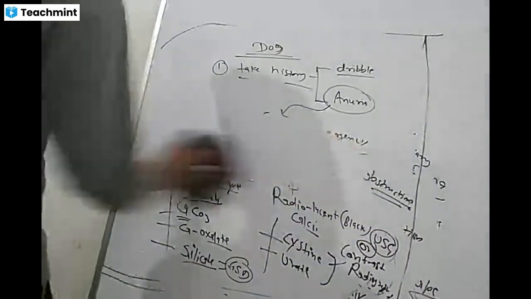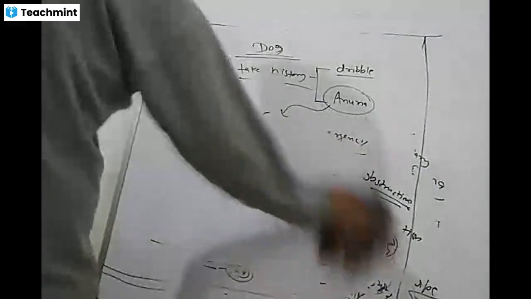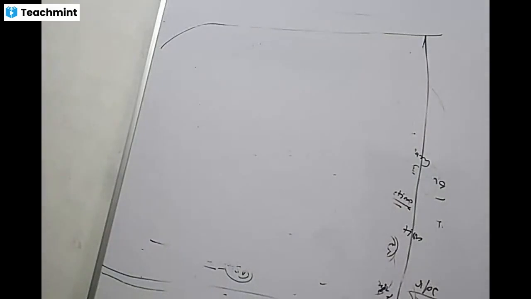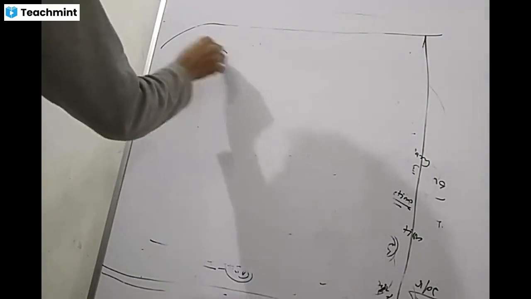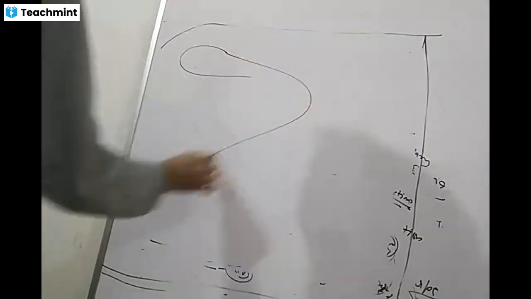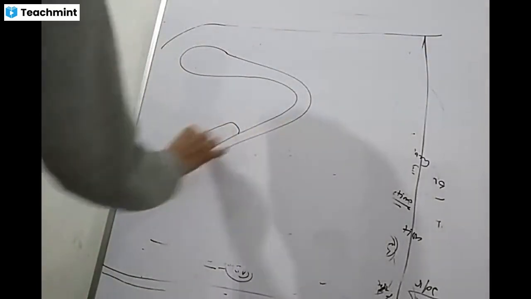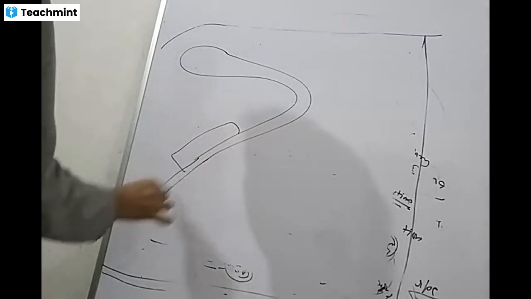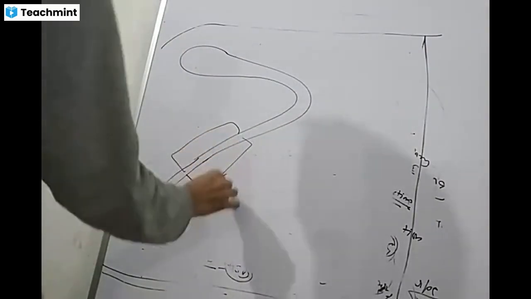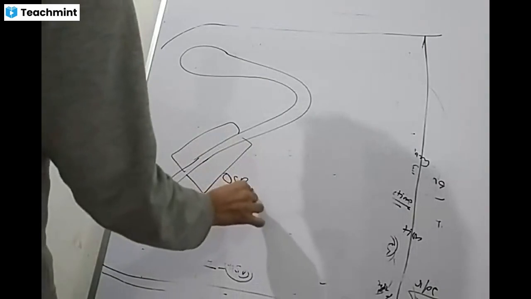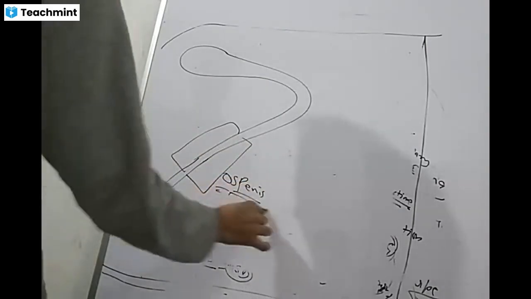So after radiography, what we find in case of dog: this is the bladder and this is the urethra, and this part is the os penis in case of dog.